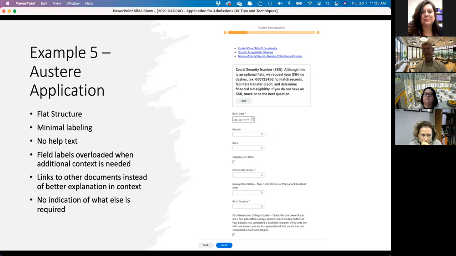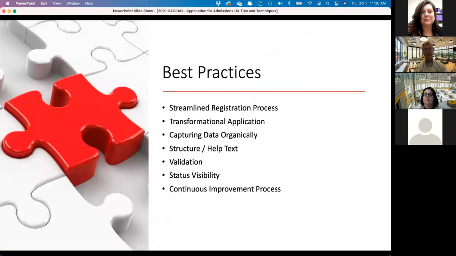So I have the label of birth date, the label of gender. But for social security number, I can't only prompt for social security number. Now I have to explain it. So what did they do? They changed this label so that it has a huge amount of text in there. And it creates a number of challenges from an engagement and user experience perspective.